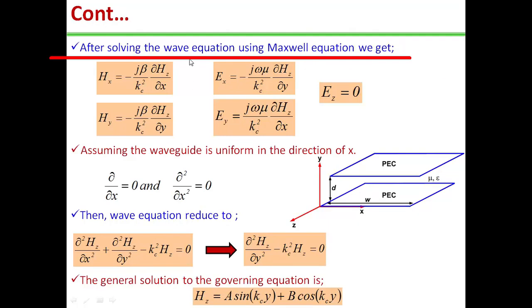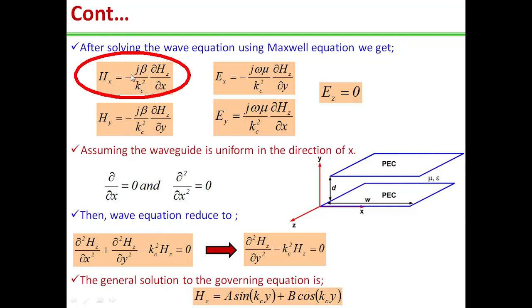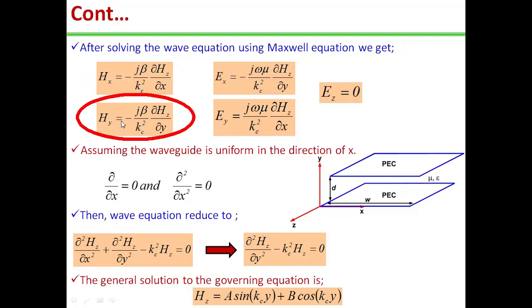Now, after solving the wave equation using Maxwell equations, we will have the different field components of electric and magnetic field. We will have Hx as minus j beta divided by Kc square del Hz by del x, and the Hy component as minus j beta divided by Kc square del Hz by del y.